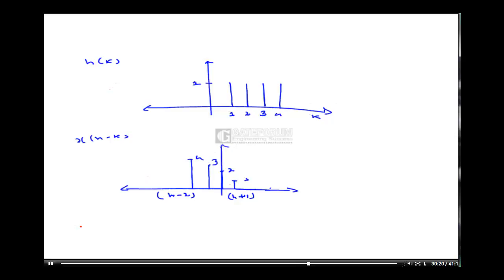Okay, we got both the things. Now we have to find yn. We'll take first case. When n plus 1 is lesser than 1, at that time there is no overlap. One mistake we have done. The limits of n, I'll just write down again.